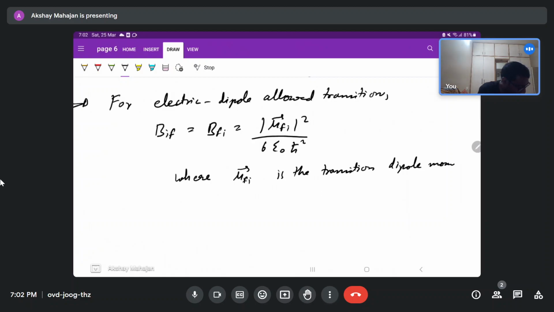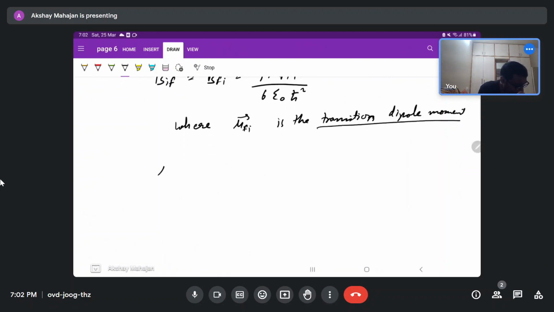So basically, we need to find this transition dipole moment, and our Einstein coefficient, which is related to the stimulated emission, is given by mod of mu square divided by 6 epsilon naught h cross square. This mu_Fi vector is given by our final wave function, mu cap, psi_I d tau, where mu is the electric dipole moment.